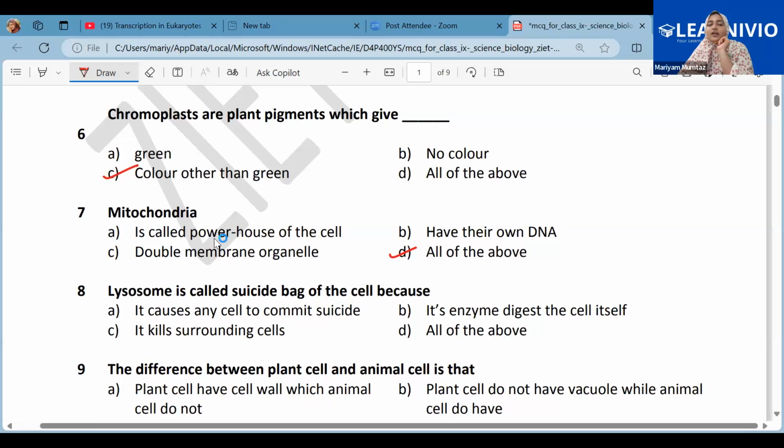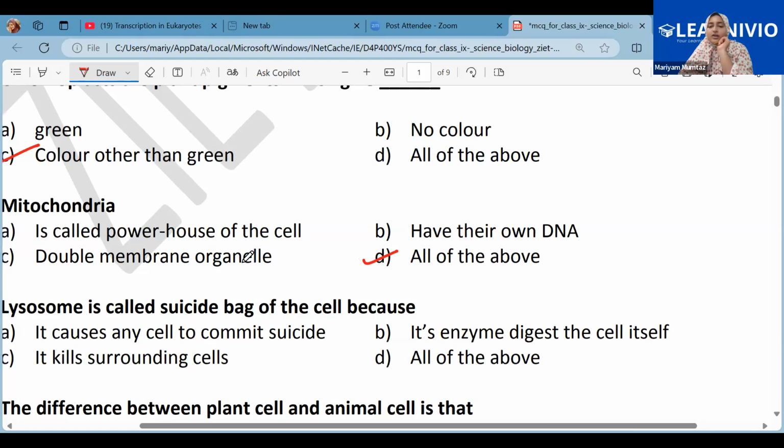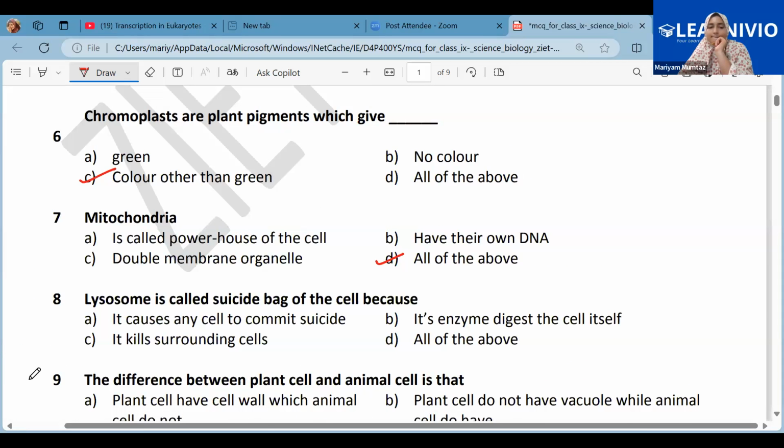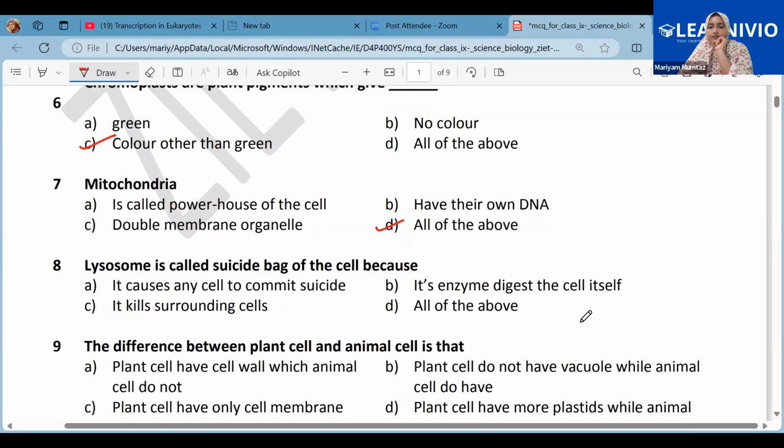Lysosome is called the suicide bag because all of the above. What about others? Which option? All of the above. Correct.